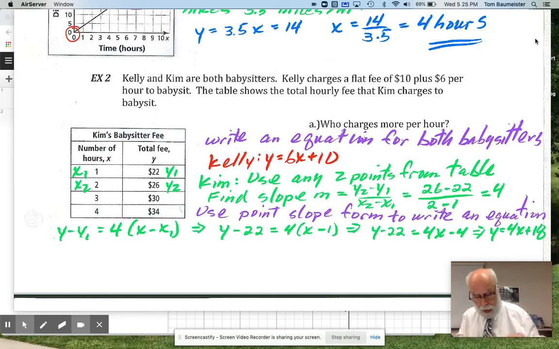All right, now on this here, when we're asking who charges more per hour, we're going to look at the slopes. So compare slopes. All right. So when we do that, like I said, compare the slopes, it shows who charges more.